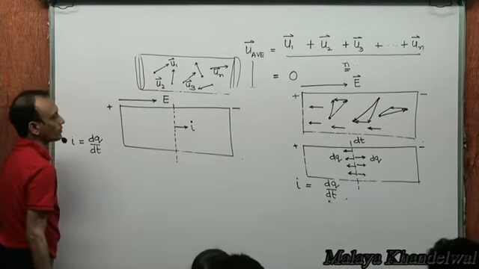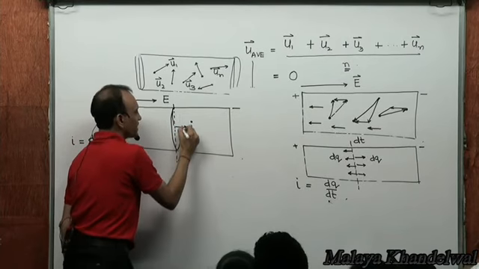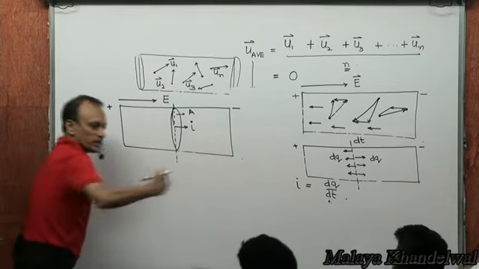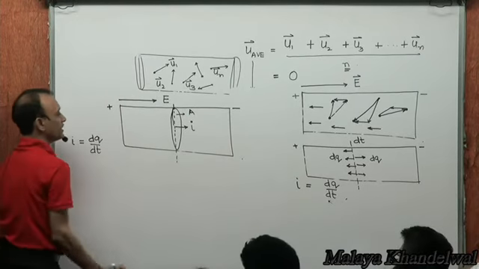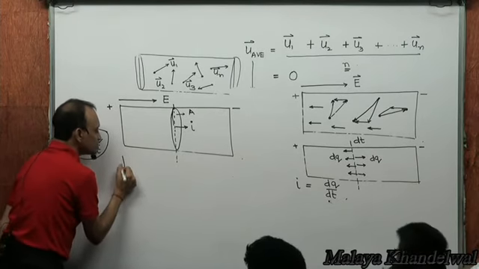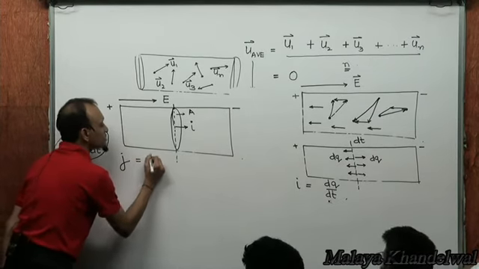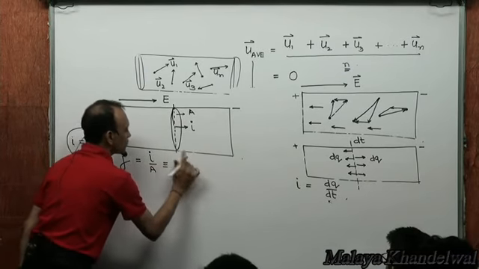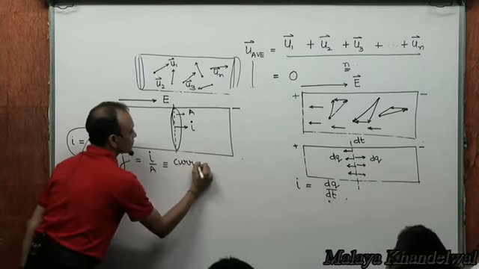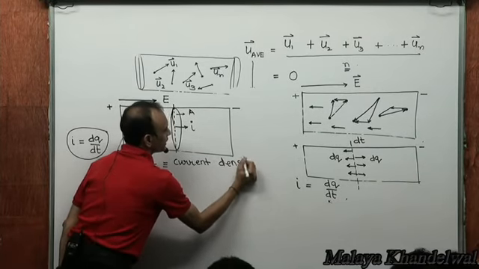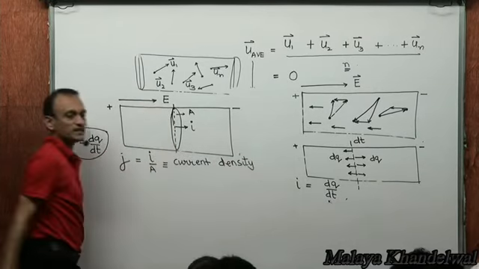Now, if this cross section has an area A, if A is the area of cross section through which this current is flowing, then we define yet another entity for the cross section, which is J, current per unit area. Current per unit area is called current density.